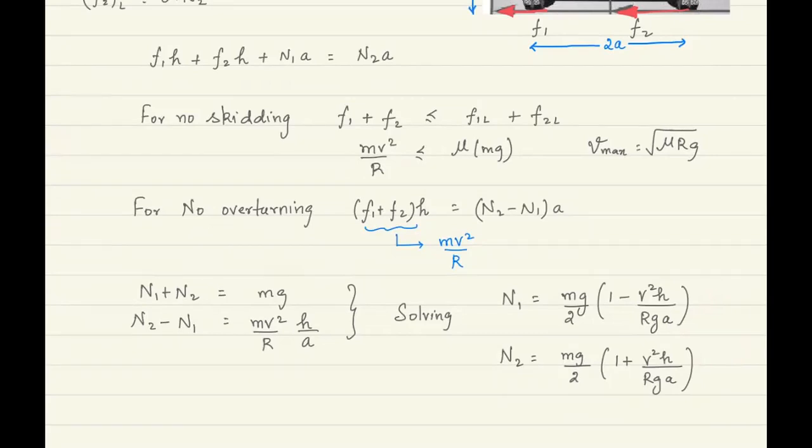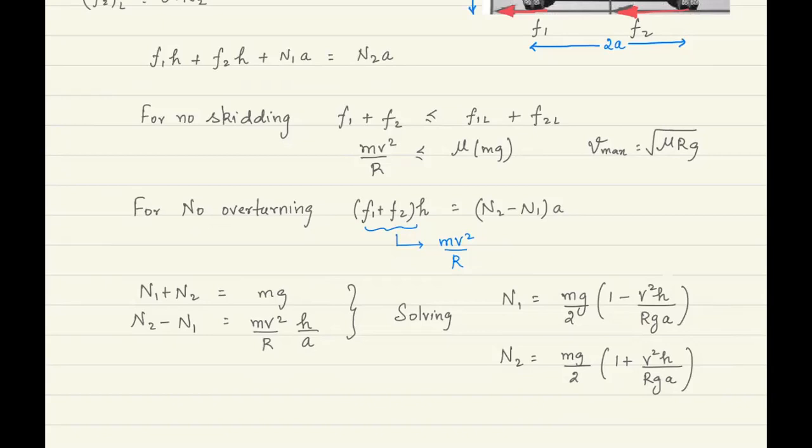Now if the car is not to overturn, just note, if v is 0, so the car is at rest, you can simply put v equal to 0, this term will vanish, N1 will be mg by 2, N2 will be mg by 2, friction force will be 0, and the car is simply in equilibrium. Now as the speed keeps increasing, note that the N1 value will keep reducing.